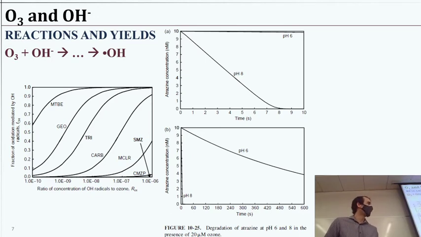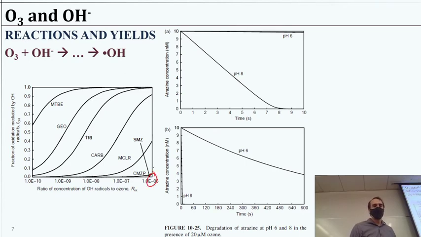So we're looking at what fraction was the hydroxyl, meaning if we look at the top, all of that action was done by hydroxyl radicals. And on the flip side, at the bottom, any degradation that happened occurred due to ozone itself. Okay, then on the x-axis, we have a ratio of concentration of hydroxyl to ozone. So as we increase there, we have a higher ratio.